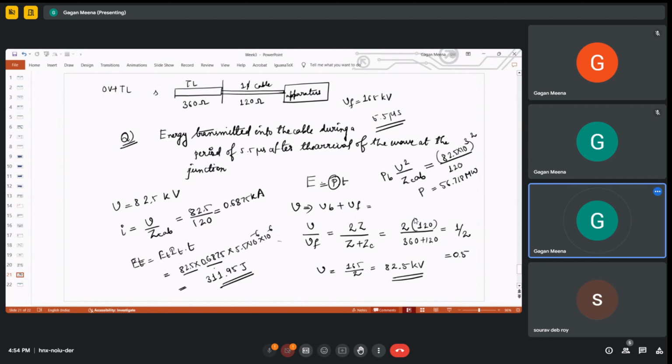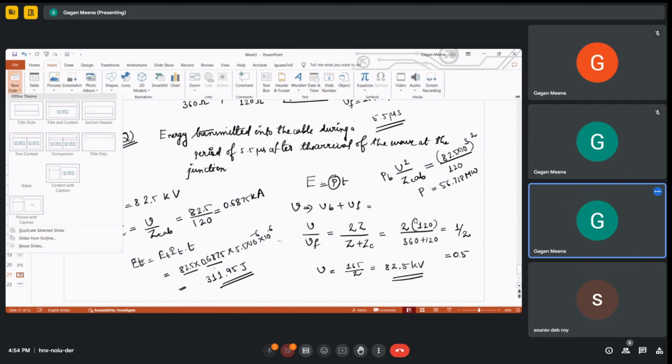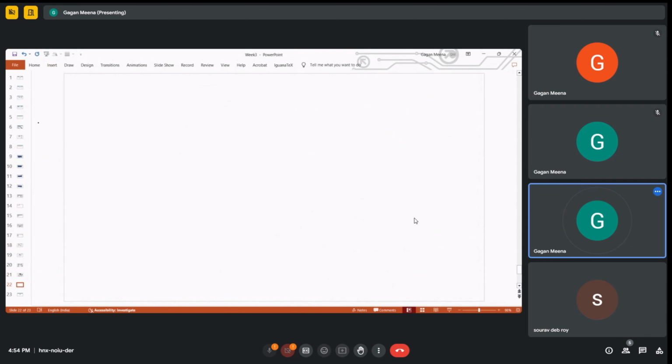Let me do it again. Let me insert one more page here. Yeah. So we found V transmitted to be 0.5 times V forward, which is 82.5 kilovolts. Z cable is given as 120 ohms.